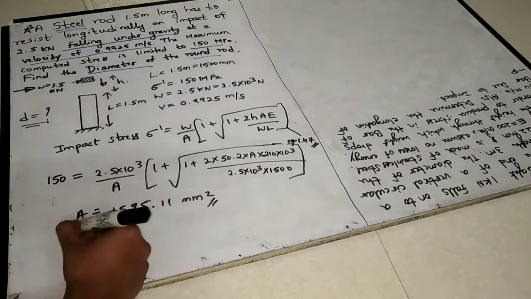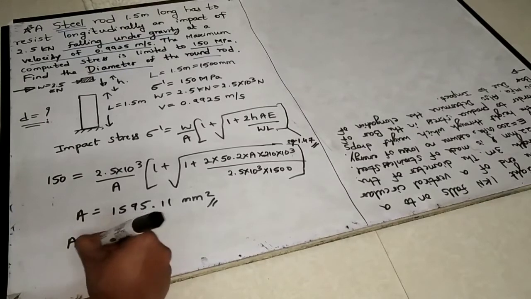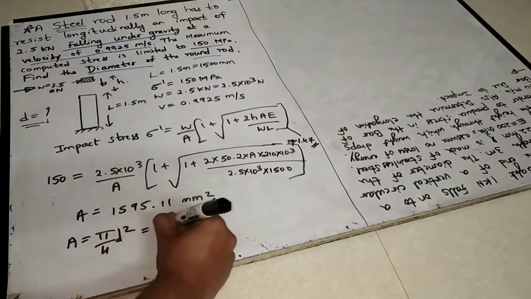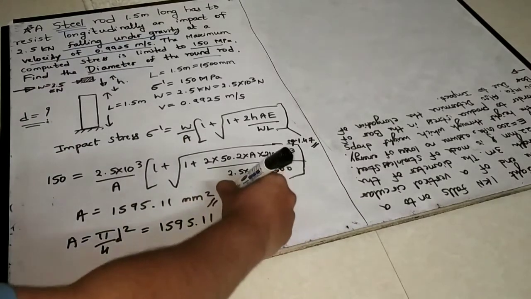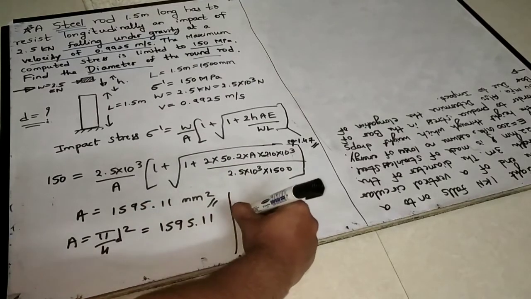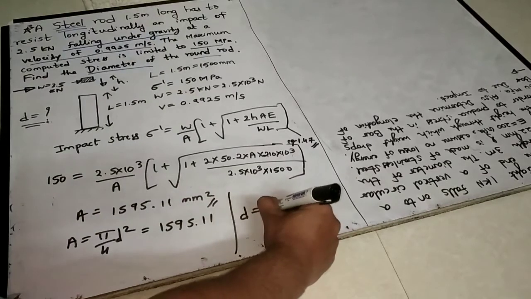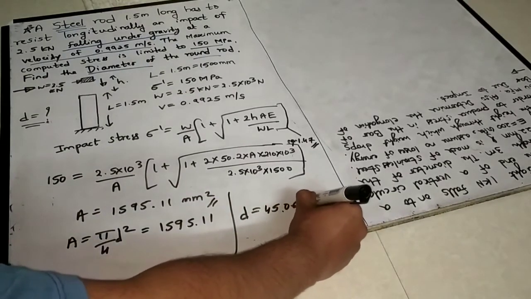Equate this to pi by 4 d square, since cross-sectional area is pi by 4 d square for a circular rod. So 1595.11, if you solve this, the diameter of the round rod you will be getting is 45.066 mm.